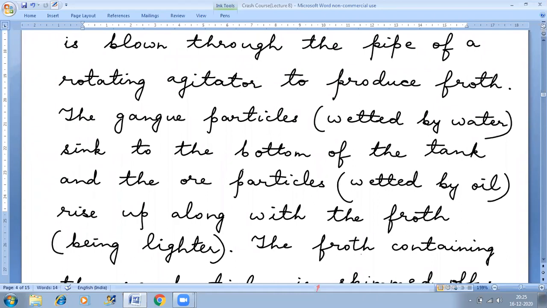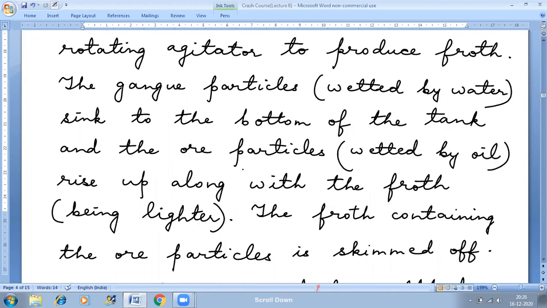The gangue, because it was wetted by water, has gone to the bottom of the tank, whereas the ore particles which were wetted by oil rise up along with the froth. They get attached to the froth and hence they become lighter and start rising upward.